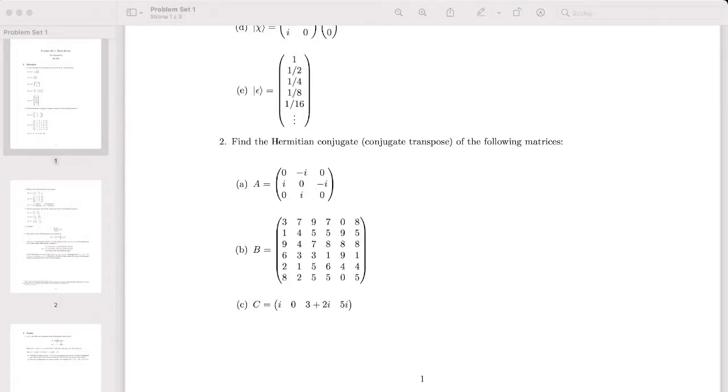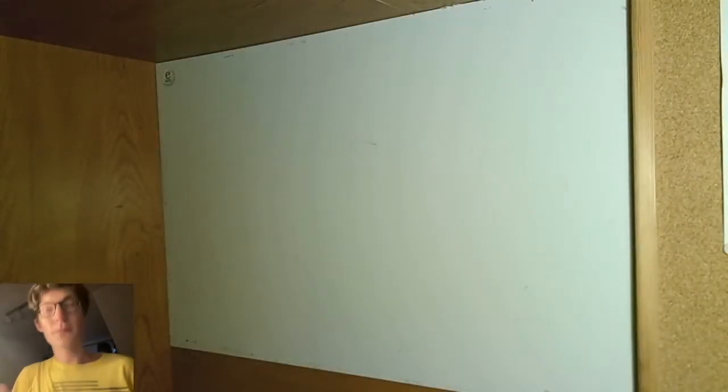Now for the second problem. We have to find Hermitian conjugates of these matrices. So maybe I will quickly remind you what a Hermitian conjugate is.